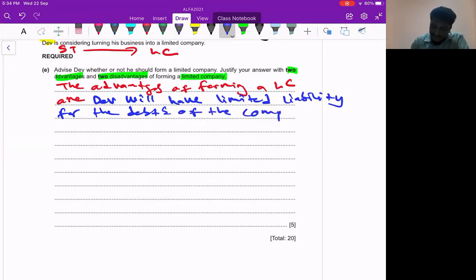If it's a sole trader, he needs to be liable for that. He is responsible for the company's debt. But if it is a limited company, it's limited liability, so he's not responsible for the business debt.